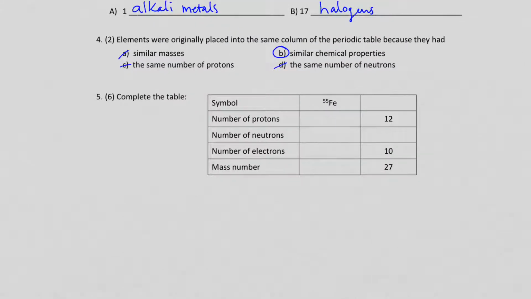So we're completing the table here. Here we go, right? We need to fill in a symbol, and we need to fill in some protons, and on occasion, a neutron. Let's do it, okay? For iron-55, obviously iron is number 26 on the periodic table, so it has 26 protons, okay?